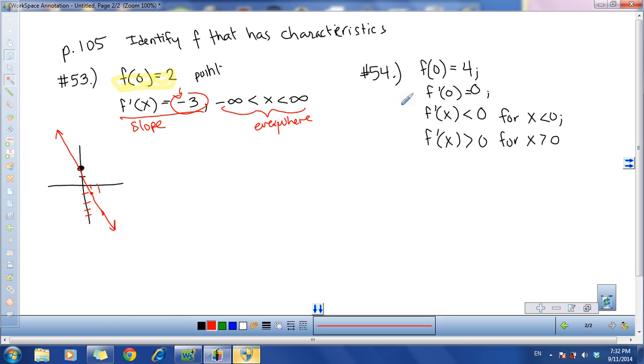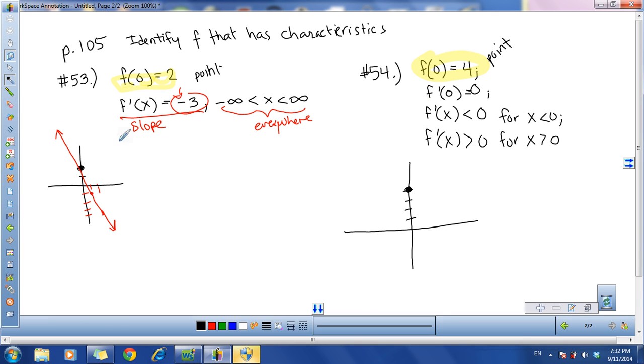For 54, again, the first statement, f of 0 equals 4, that's just a point again. That's my first hint of identifying a function that has those characteristics. So at 0, I go up 4. That's my first point. Then I have that f prime of 0 equals 0. What does this mean?